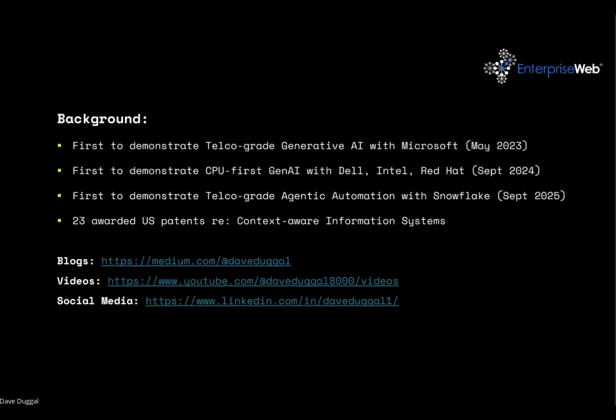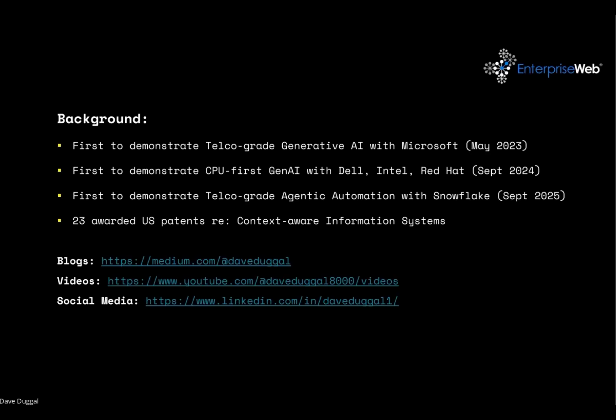It sort of broke on the scene that spring after MWC, but at February 23 MWC, we were actually meeting with Microsoft leadership, and they wanted us to deliver a telco-grade demonstration. And all the way back in May 2023, we demonstrated how you can talk to the network to design, deploy, and manage complex network services.